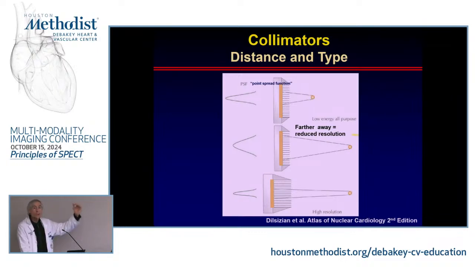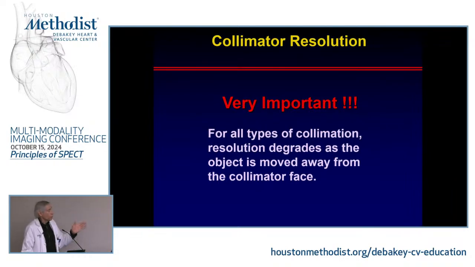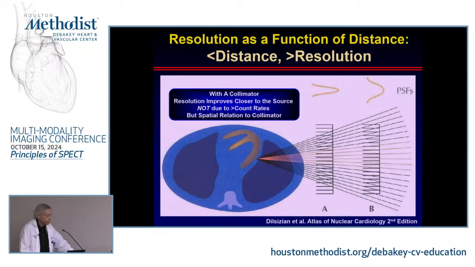Okay? So these are ways in which you can change what your spatial resolution is going to be, based on the type of collimator you use and how close or how far you are from the collimator surface when you image someone. So for all types of collimation, resolution degrades as the object is moved away from the collimator surface. And I think that's one of the reasons, again, why it's so important to try to image patients as close to the body as possible to improve that particular aspect.